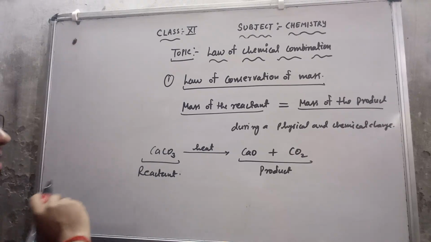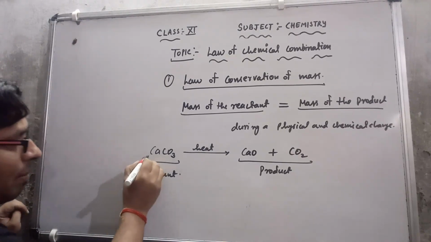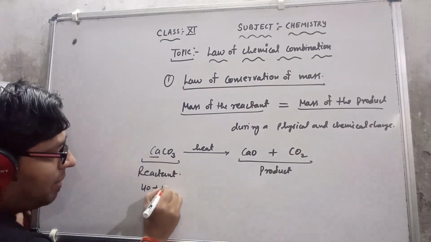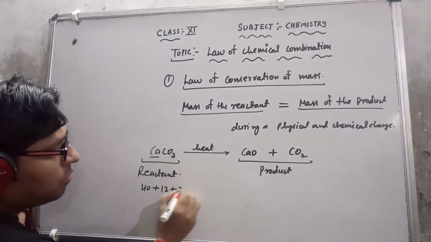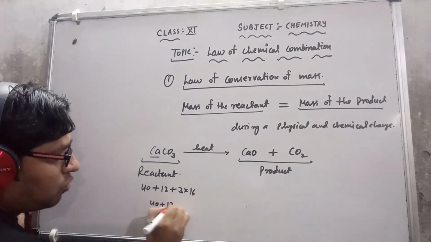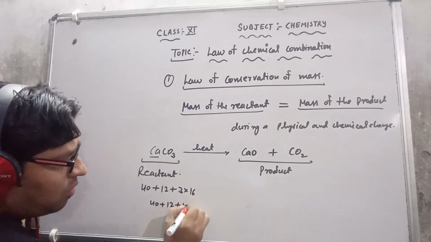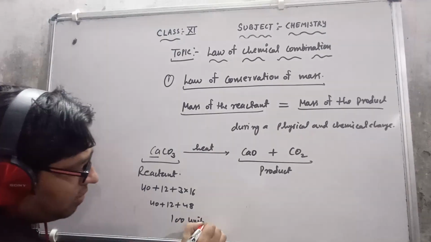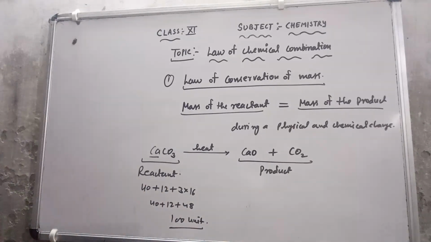On the reactant side, the mass of calcium is 40 plus mass of carbon is 12 plus 3 multiplied by the mass of oxygen, 16. So 40 plus 12 plus 48. If you add it, you get 100 units.